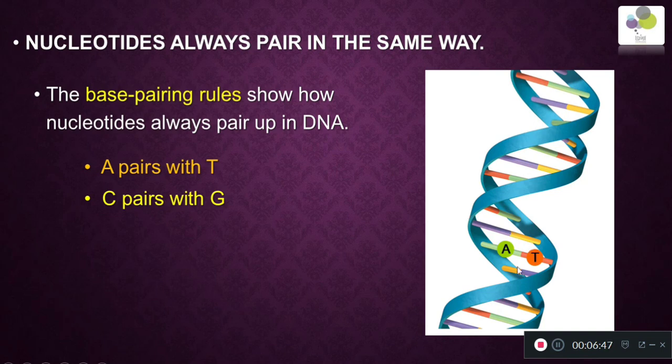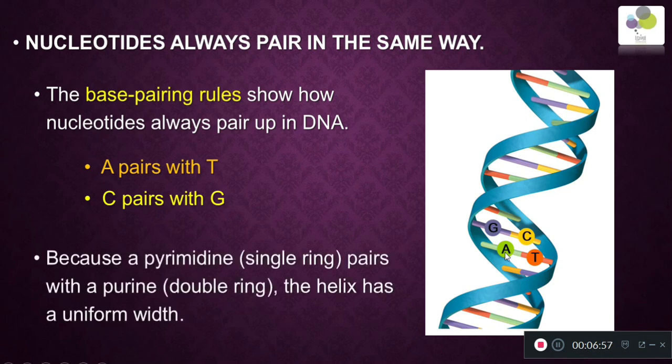This base pairing rule shows how nucleotides always pair up in the DNA. So we have GC and AT. The pyrimidine, which is a single ring, always pairs with a purine, which is a double ring, and the helix has a uniform width.